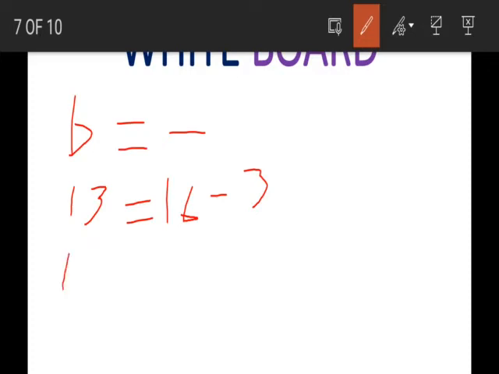If 16 is not there, the method is 13 plus 3.